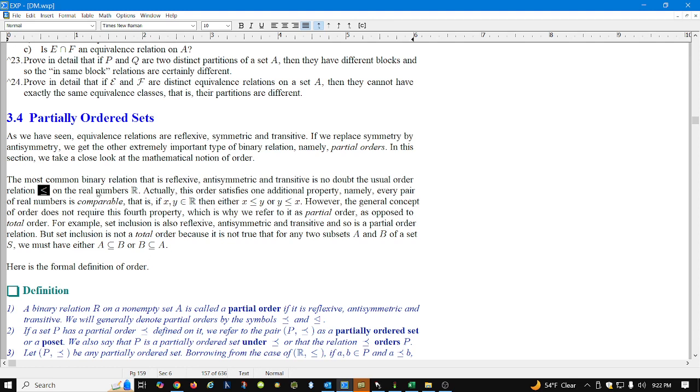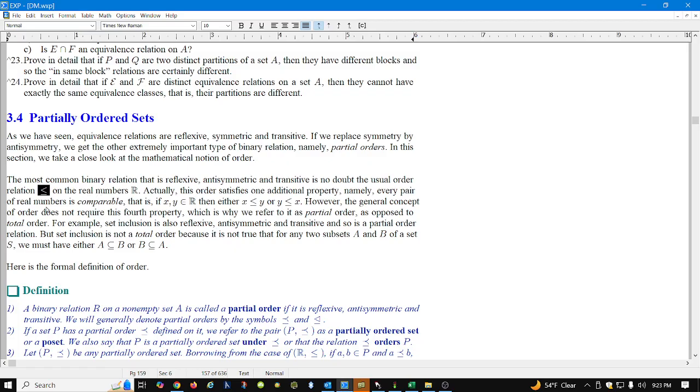But set inclusion is not a total order, because it's not true that given any two subsets of a universal set, one of those subsets has to be contained in the other. They can be entirely separate. For example, the set containing 3 and the set containing 5, neither one is a subset of the other.